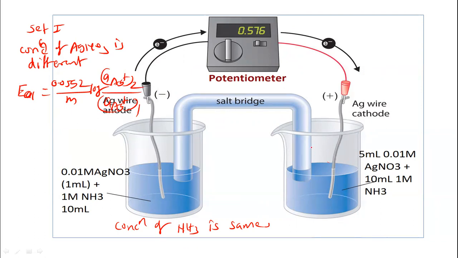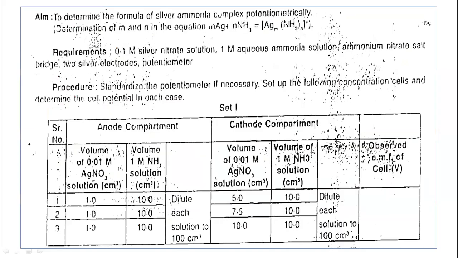You can see the observation table here for set first, anodic compartment and cathodic compartment. The anodic compartment is the same: 1.0 ml of silver nitrate and 10 ml of ammonia. We have to take 3 readings.